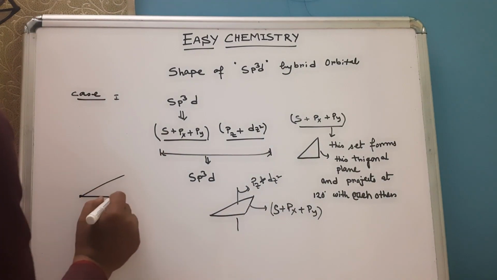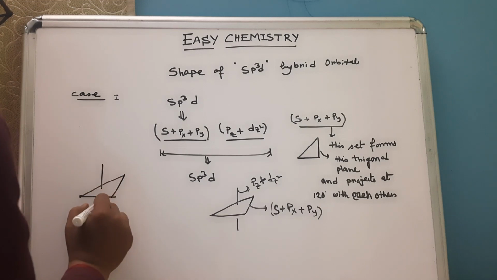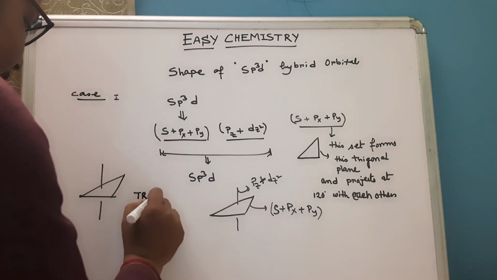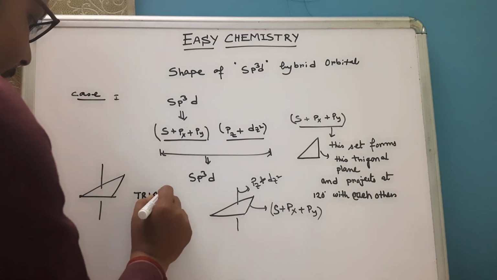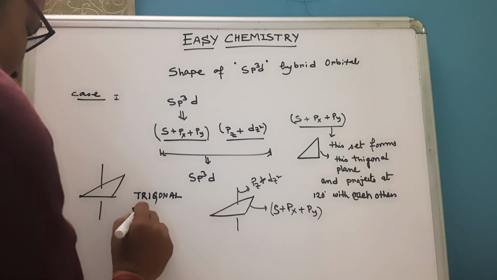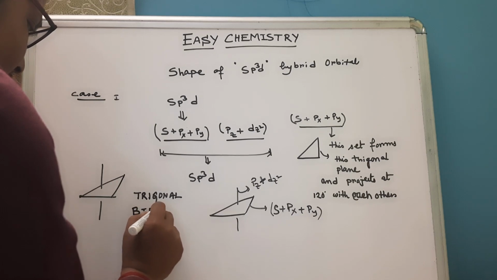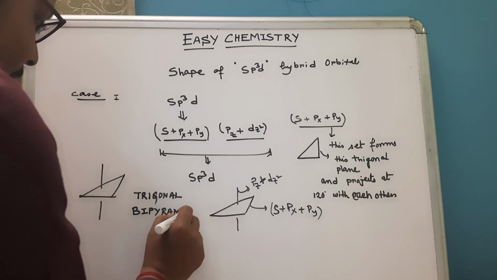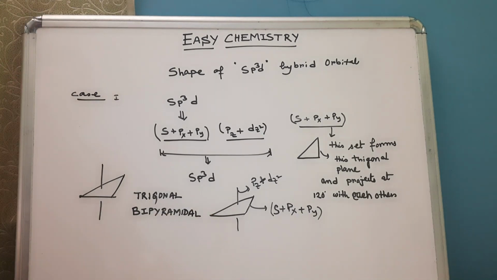So the shape is called trigonal bipyramidal.